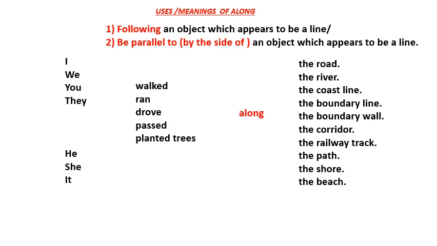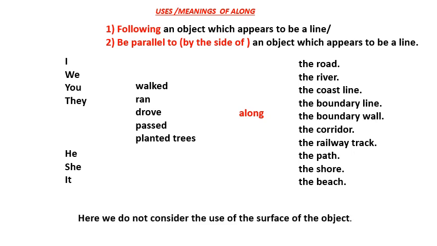The first sentence from this substitution table may be: I walked along the road. When we say I walked along the road, it means during my walk I followed the road, which is considered to be a line. It also means my walking was parallel to the road.